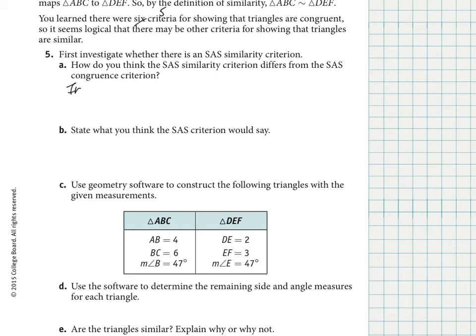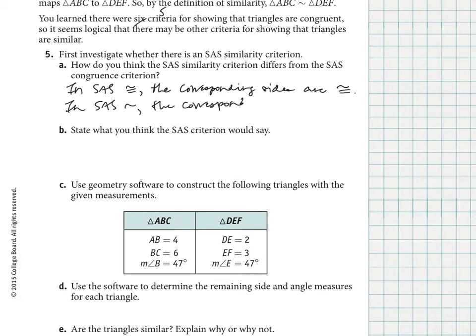So we're going to say in SAS congruence, the corresponding sides are congruent. And then we're going to say in SAS similarity, the corresponding sides are proportional. Whereas the angle will still be the same in both of them.